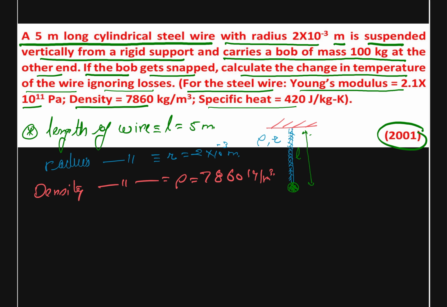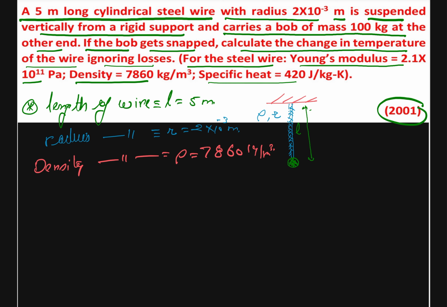And Young's modulus is also given to us. So we can say Young's modulus represented as Y will be equal to 2.1 into 10 to the power 11 Newton per meter square, and specific heat of the wire is also given to us.